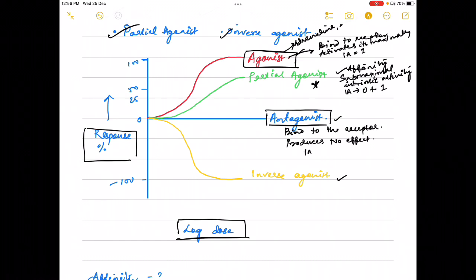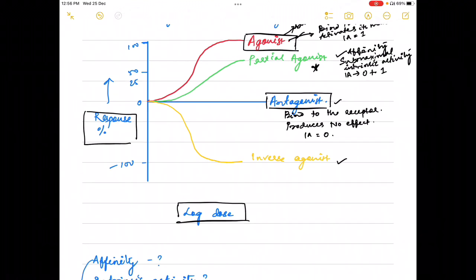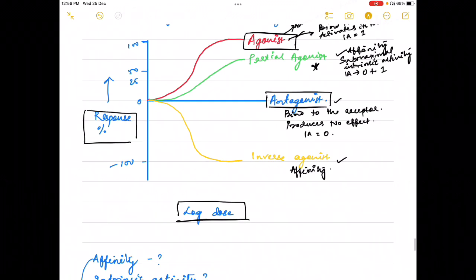That means intrinsic activity is equal to 0 for these kind of drugs. Coming to inverse agonist. They have affinity but intrinsic activity between 0 to -1. And what are the examples? DMCM or beta carboline at benzodiazepine receptors.